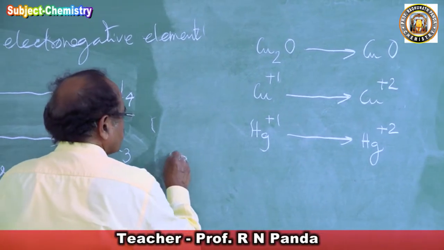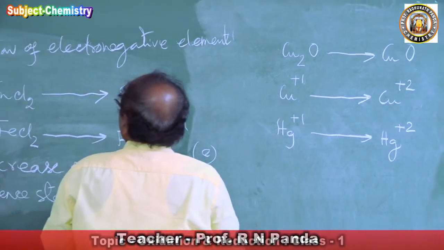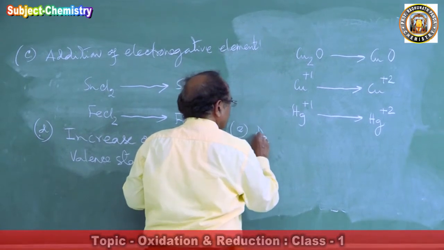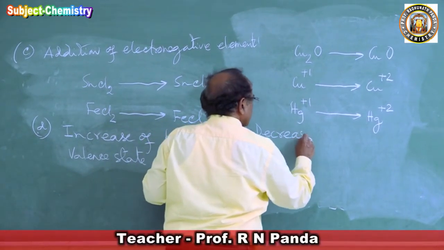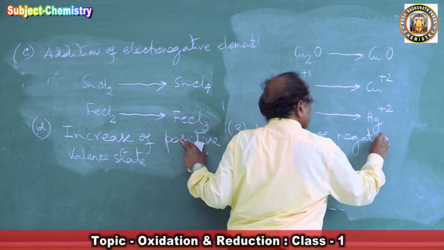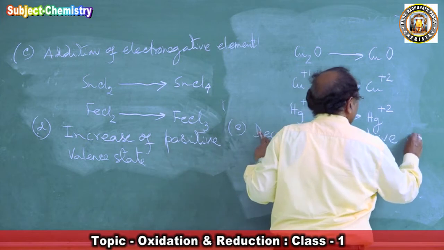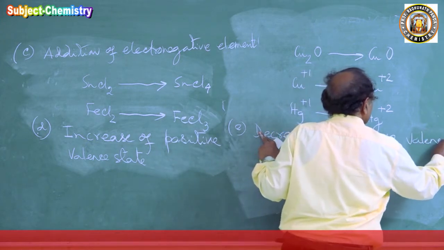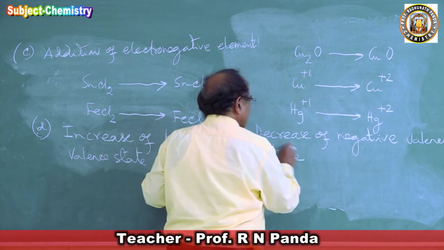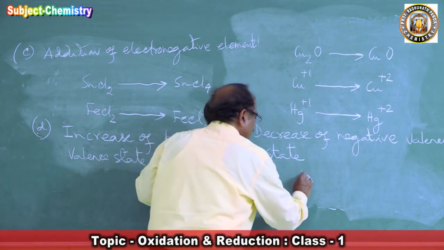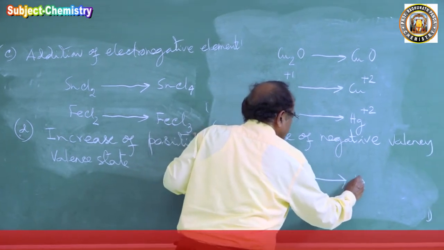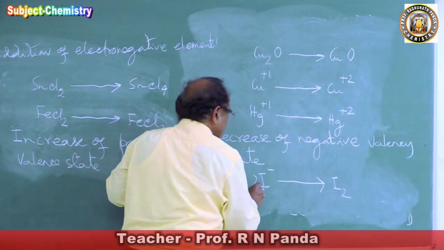So then, decrease of negative valency state. For example, we have iodide, I minus, and this becomes iodine.